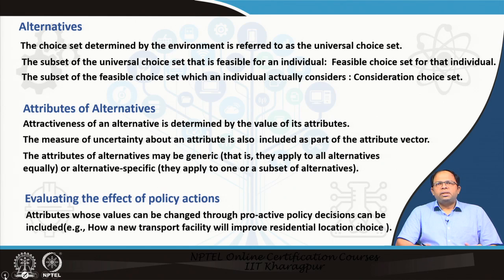So there is a feasible subset of options that he can look into. This is called the feasible choice set for that particular individual. And then the subset of the feasible choice set which an individual actually considers is called the consideration choice set.